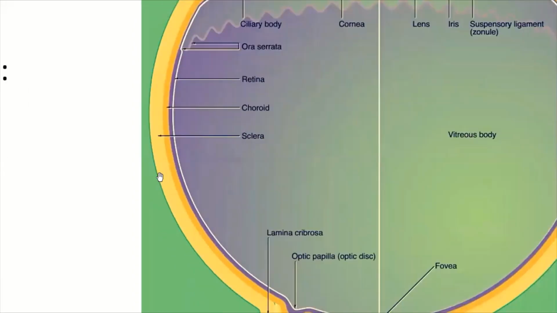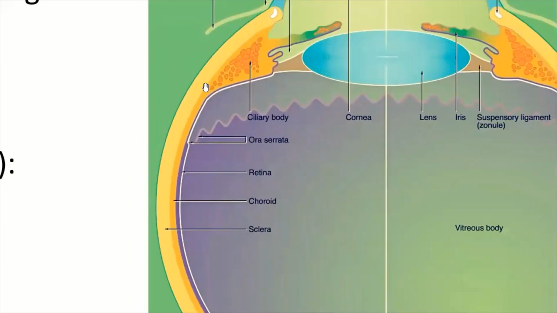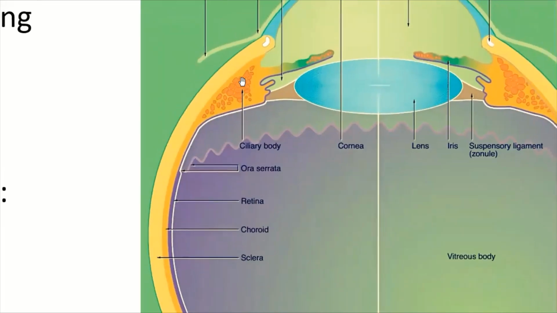And as we move just inside the sclera, we have the choroid, right? This is the choroid, and as this choroid goes on, there is the ciliary body, right? And this is the third part, which is the colored iris, right?